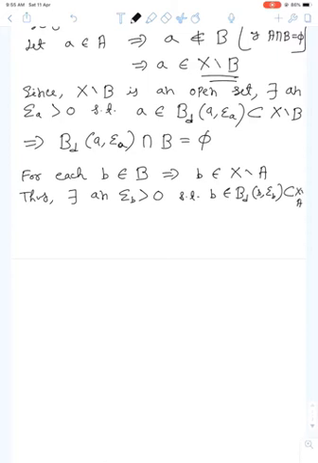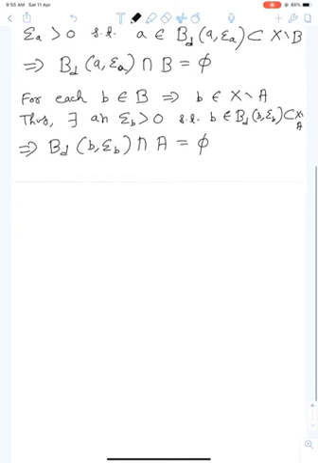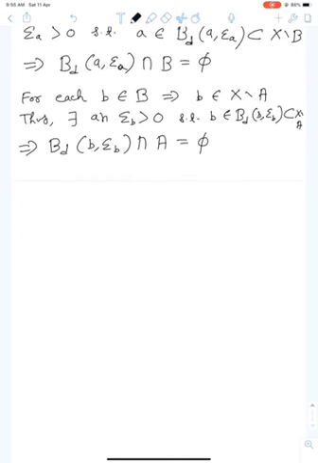Now that will imply the ball B_d(b, epsilon_b) intersect A is empty, right?